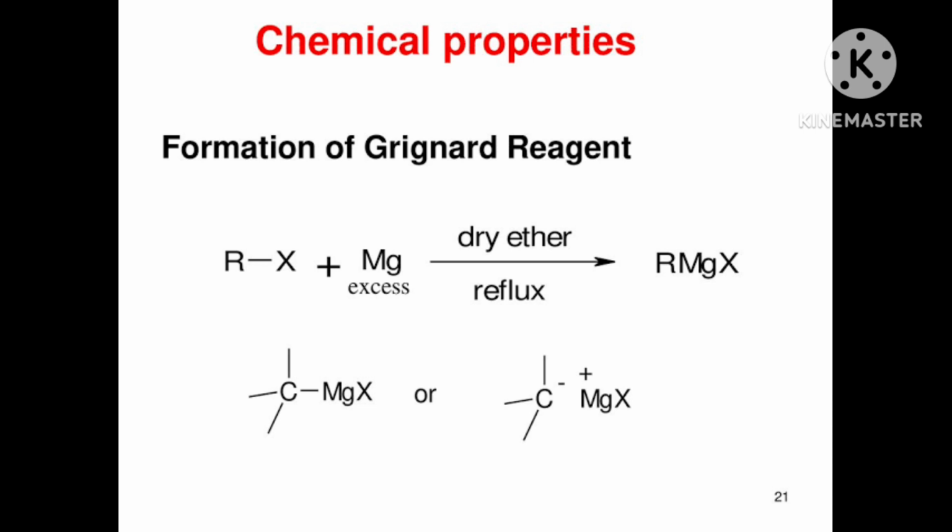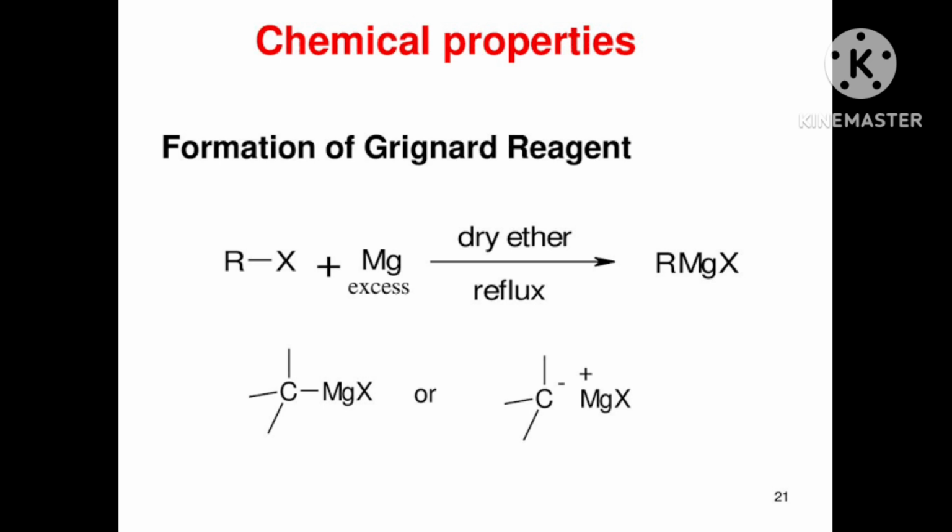But now here with sodium, 2RX plus 2Na, the R-X bond will break. Then it will provide X minus, negatively charged, and R will be positively charged.